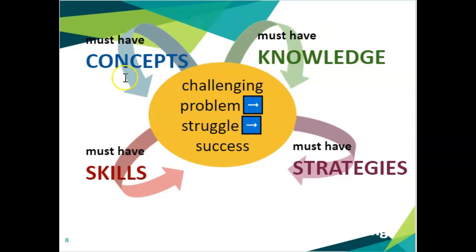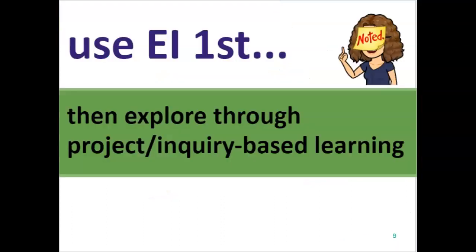But if our students don't have these outside circles, then they're never getting into this project. We've got to make sure that we provide explicit instruction on the concepts needed to get to the challenging problem, the skills needed to be able to tackle this challenging problem, right? The knowledge necessary to know where to even go to find information, and then those strategies. We can build all of those using explicit instruction.